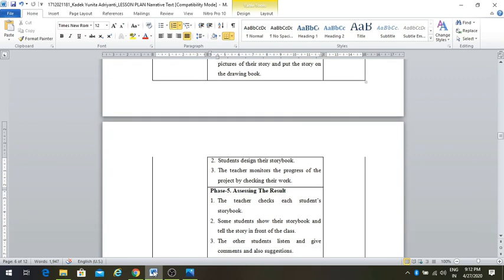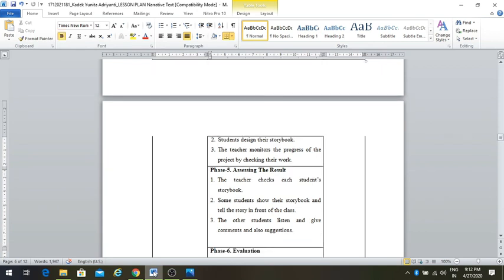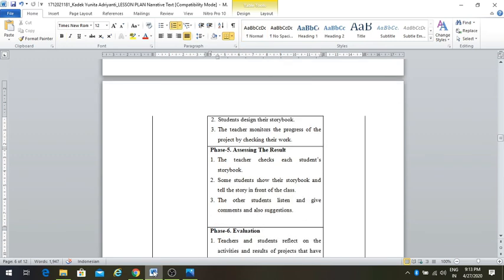And after that, the other students listen and give comments and also suggestions toward their friend's project and the performance. And after that, move to the last phase, which is evaluation.